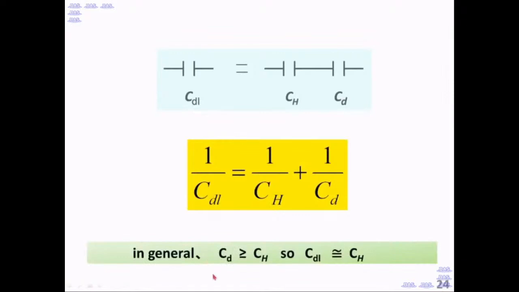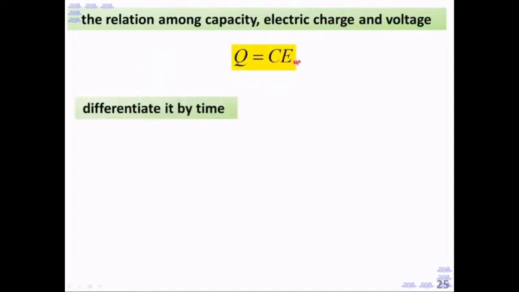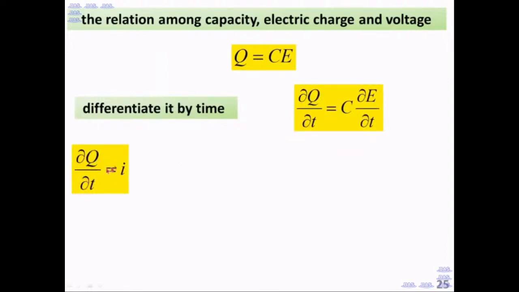In general, CDL is approximately CH, the Helmholtz layer capacitance. The relation among capacity, electric charge, and voltage is Q equals C times V, a general principle. Differentiate it by time: dQ/dt equals current.